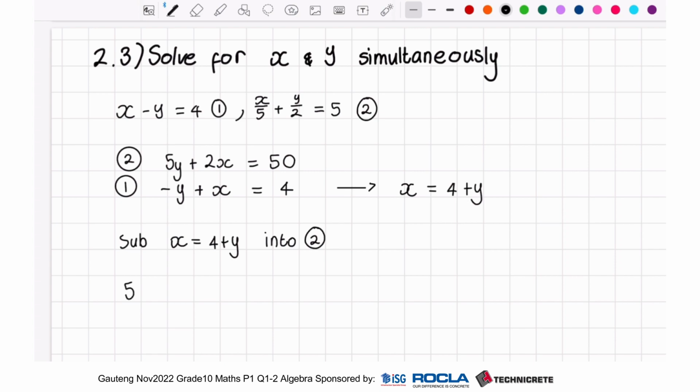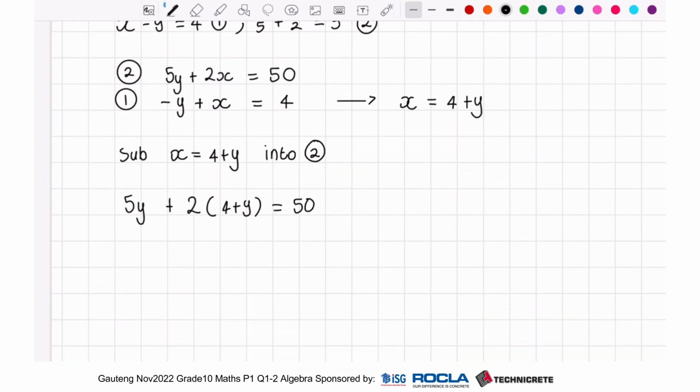So the first term is going to stay the same. This is 5y and then plus 2, and instead of x, I'm going to say 4 plus y, is equal to 50. And now I'm just going to distribute the 2. So I'm going to have 8 for the first one and plus 2y for the second is equal to 50.